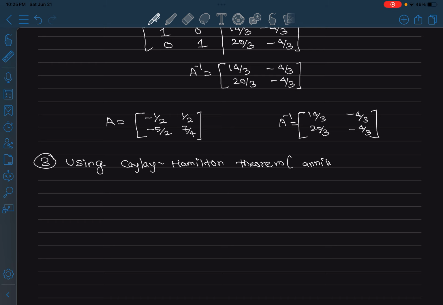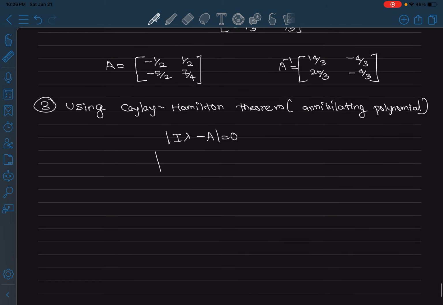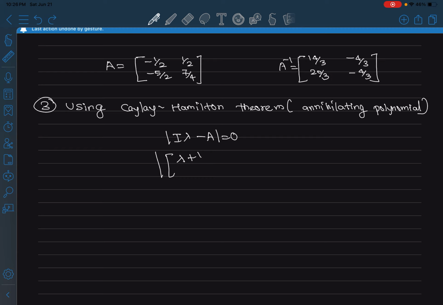First of all, we try to find its characteristic polynomial, right? So let's find that out. You take the determinant of lambda I minus A to be 0. I guess you guys know how to do this, but let me do it step by step.